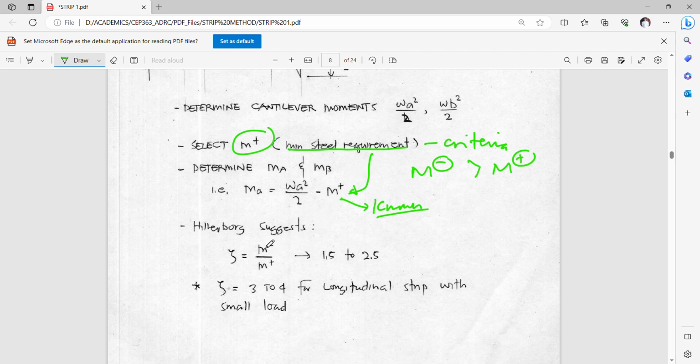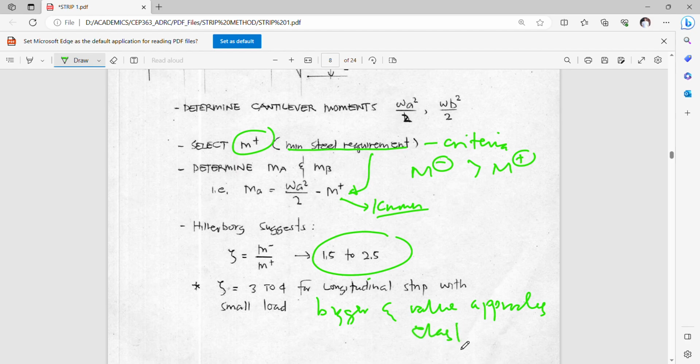And as Hillerborg suggests, your ratio of C must be between 1.5 and 2.5. Since if we use a value ranging from 3 to 4 for the longitudinal strip with very small load, we can make use of this, although if this approaches a bigger value, it approaches elastic behavior.